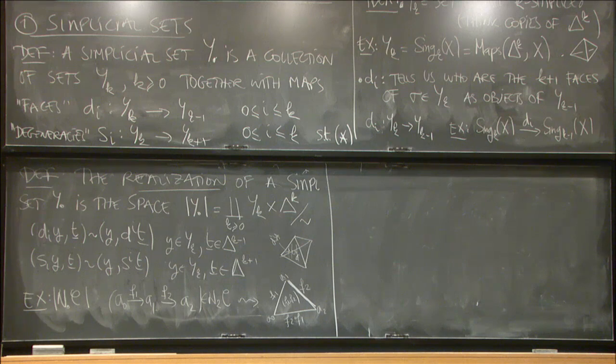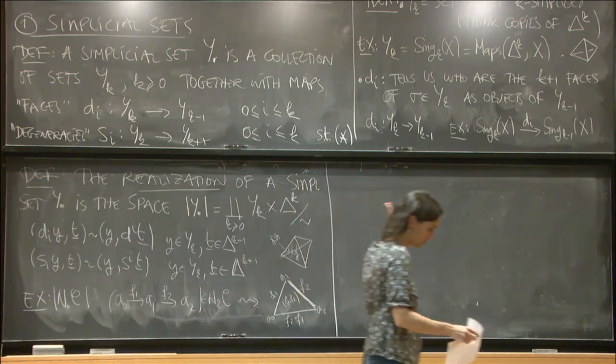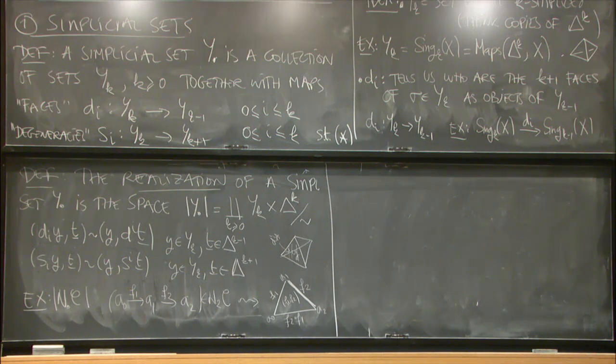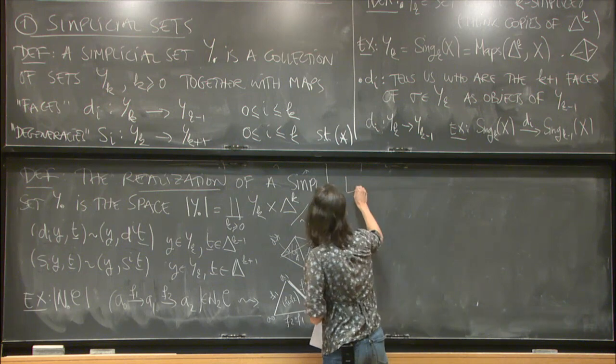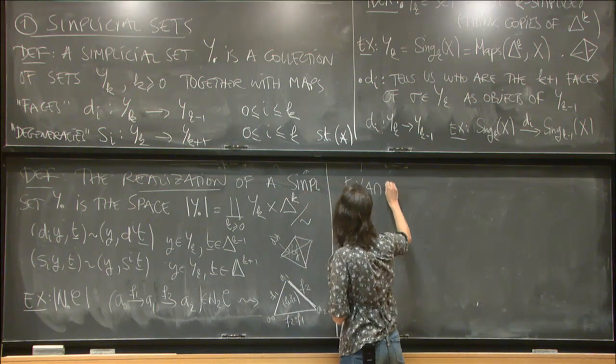Okay, so the reason I wanted to do this construction for the category is because we're going to go back to the loop space, right? And the loop space has something to do with the circle. And so I want to give you a simplicial model of the circle. And it won't be a category, but it will be morally a category. And this is the only way I can think of it. And so therefore, this is how I'll present it. Example.